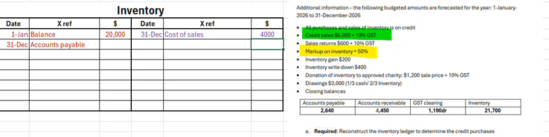Now the sales returns, this is also going to impact inventory, obviously, because the inventory is coming back into the business. Again, we need to apply that 50% markup. So this is actually going to increase our inventory, and we need to record this at the cost price.